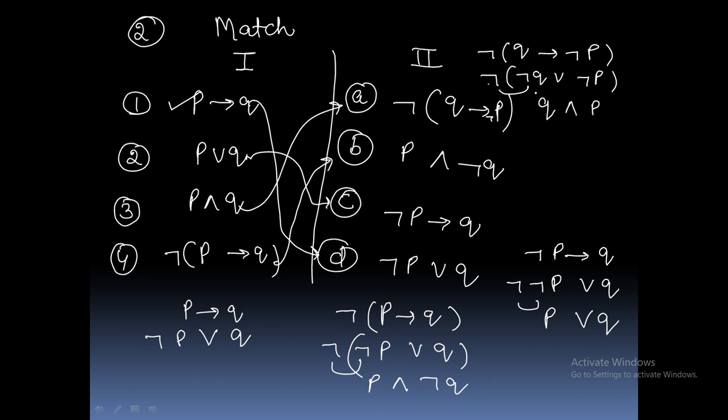When we open the bracket, negation negation cancel, and Q due to negation, or converts to and, negation negation cancel P. Q and P is similar to P and Q. So that's why we can match like this.